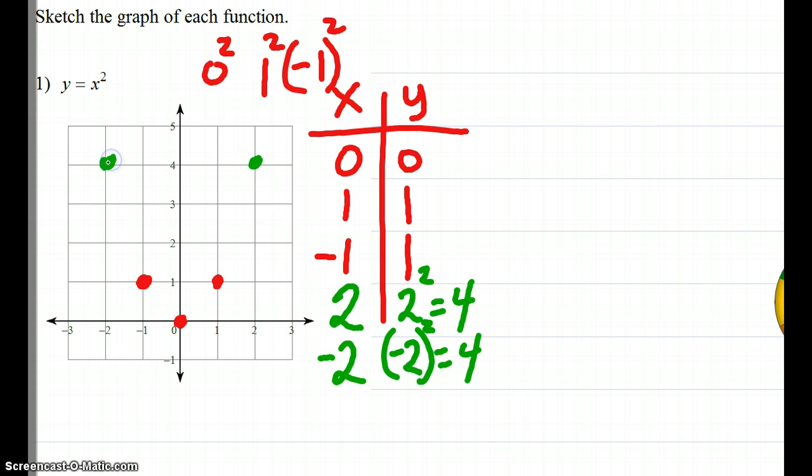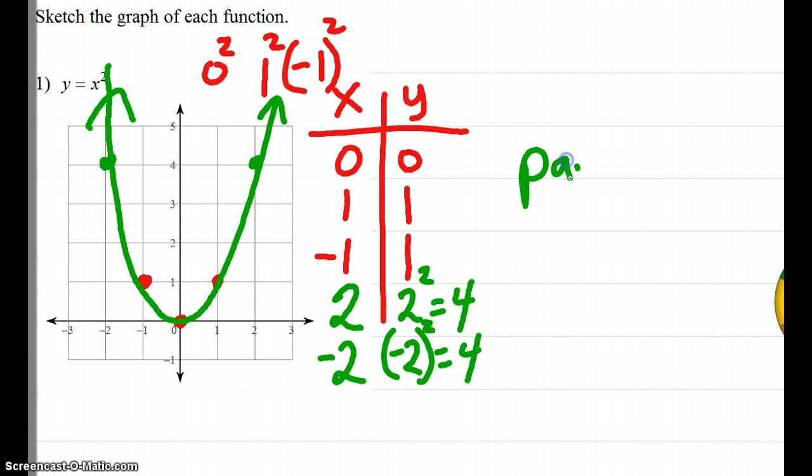So you can see here we're not going to have constant change, but our change is going to be exaggerated as our x gets bigger. You'll connect these points with what we call a U, or again, we call these parabolas.